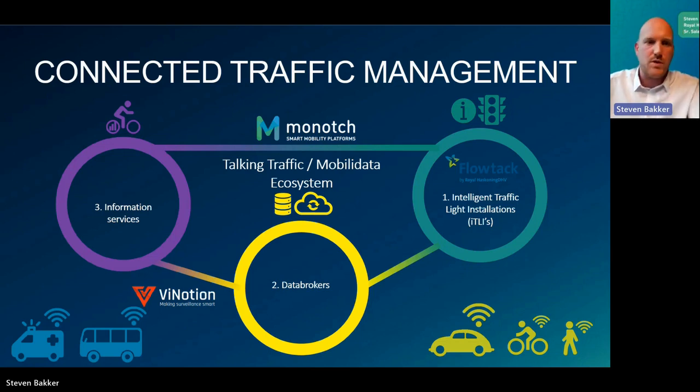Without going into too much detail technically, in essence, it's data brokers and information services such as Ocean, with their cameras, can put data in that cloud environment, and we, as an intelligent traffic light software system, can pull that data from that cloud service in order to use it in our day-to-day mobility management system to bring the policy of the road authority to the streets.